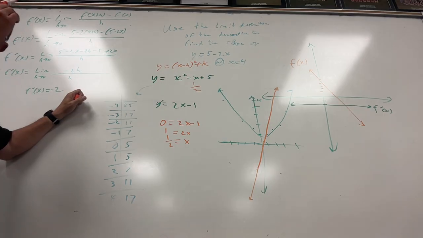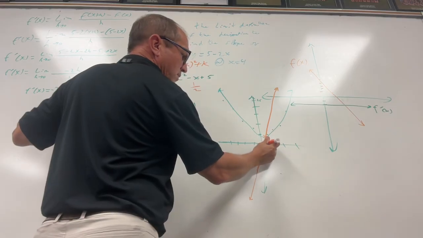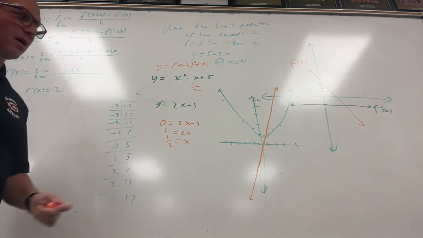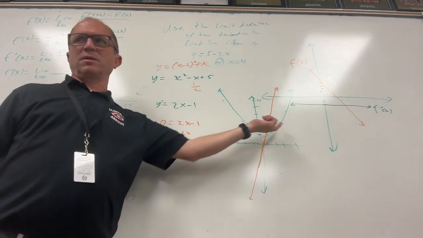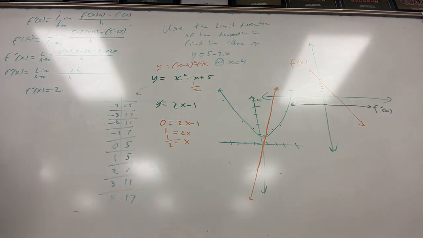That would be one way, but you're not going to run into that. If you had a hole here, then your derivative would also have to be undefined there. And the only way we could really get to that is by using a piecewise function. So the derivative would also be a piecewise function.